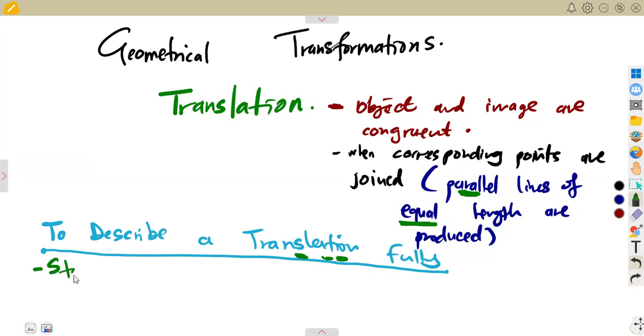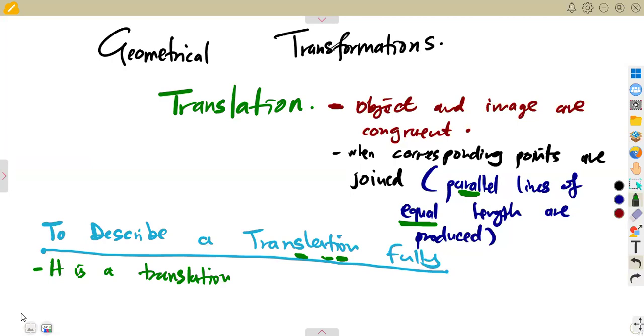So you just write, it is a translation. That is the type of the transformation that is there.